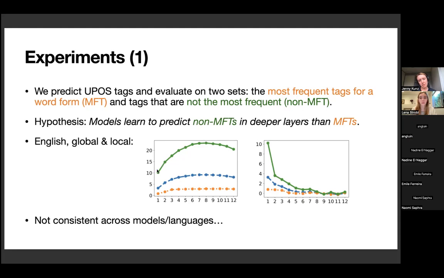But the non-most frequent tags are better predicted in the middle to later layers.